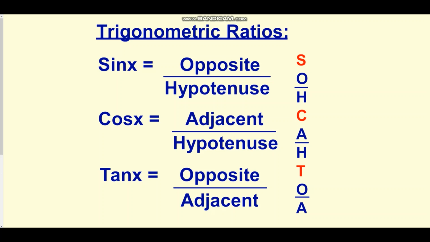So sine is opposite over hypotenuse, cos is adjacent over hypotenuse, and tan is opposite over adjacent. If you need to, come up with a mnemonic to help you remember, like some old horse caught another horse taking oats away, or some old hamster caught another hamster taking orangeade. It doesn't matter what it is, as long as it sticks in your memory.